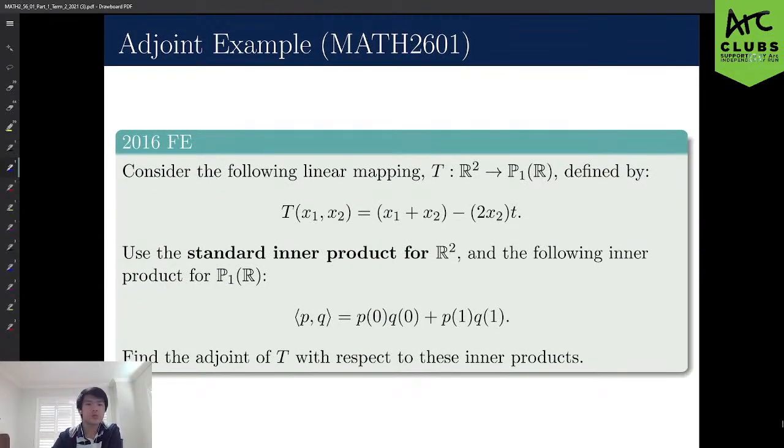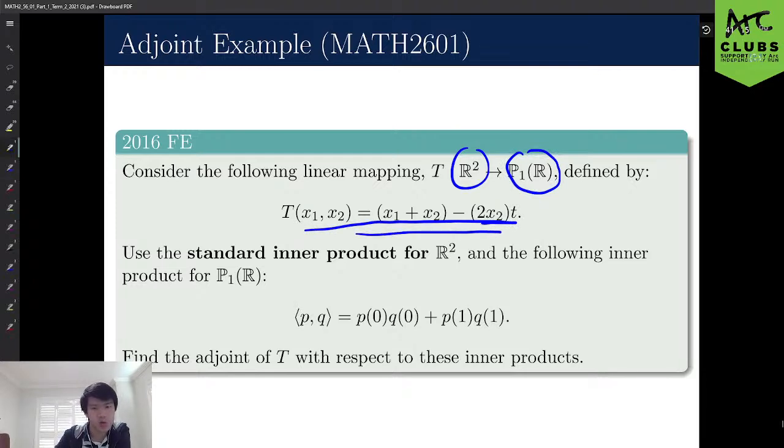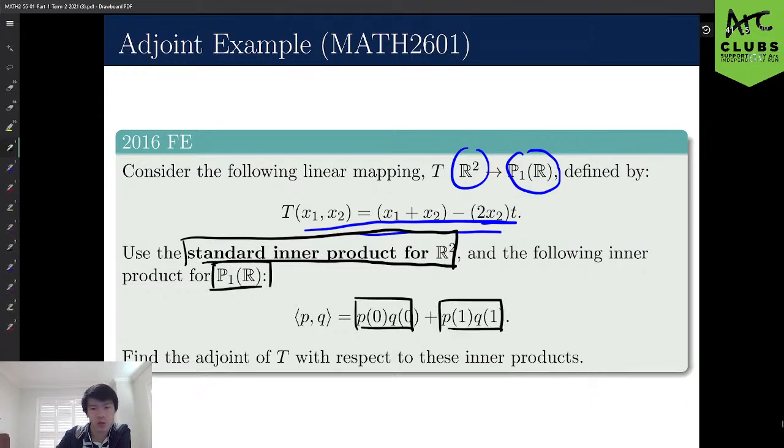So we'll do an example. So consider the following linear mapping from R2 to P1R defined by this. And what they've given us is one inner product on each space. So the standard inner product for R2, and they've given us an inner product for P1R. That'll be equal to P0Q0 plus P1Q1. So remember our formula.